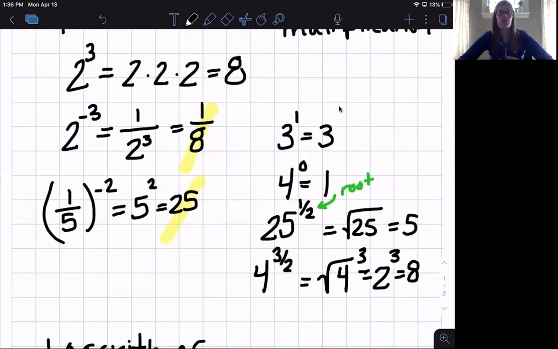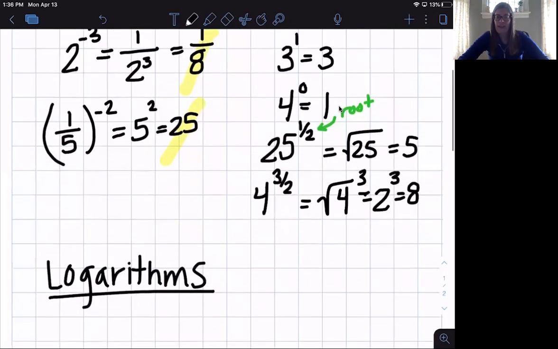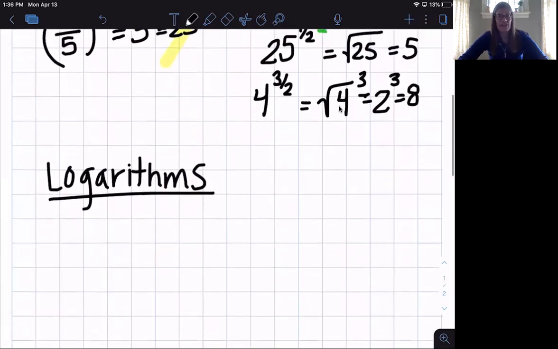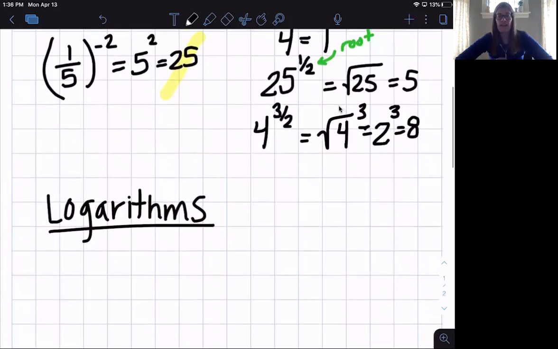So it's important that you understand some of those basics of exponents so that you can do logarithms. So this is a brand new idea for us, the idea of a logarithm. And what I want to impress upon you, one big takeaway for you in this video and what you would want to carry into your class next year, is that a logarithm is just a fancy notation that mathematicians made so that we don't have to write out the question, what is the exponent that makes this true?